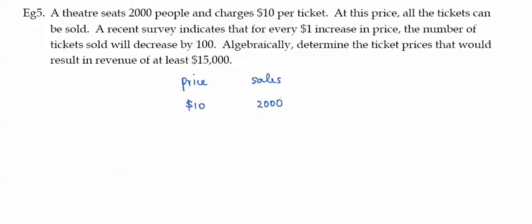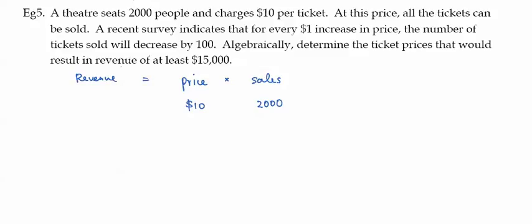At this price, all the tickets will be sold. And that means once you multiply these two together, that will be your revenue. In this case, your revenue will end up being 20,000. So you multiply 10 by 2,000.